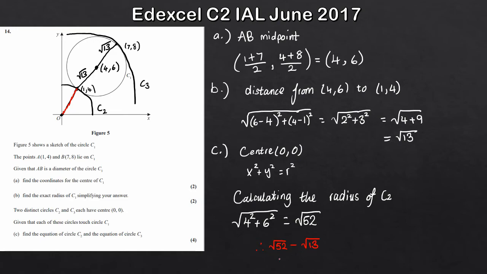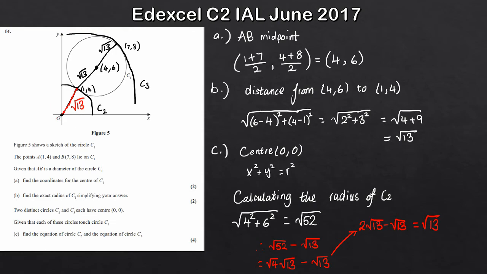We can write this as root 4 root 13. So that would be 2 root 13. We're just going to minus the root 13 off. And I can write this as 2 root 13 minus root 13 to just give us root 13. Okay, so this length here is also root 13.